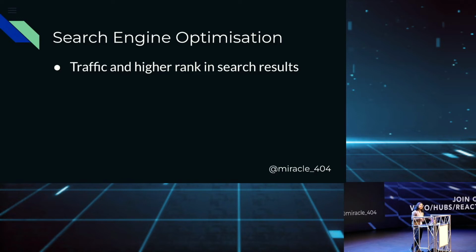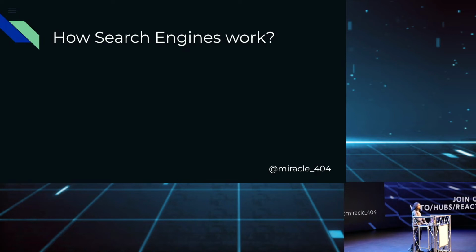To understand why we need SEO, let's see how search engines like Google, Bing, etc. work. The search system has 4 main responsibilities. They parse the content in all the websites. This is called the crawling phase. Then the data collected from the crawling phase is stored for further access. This is called the indexing phase.